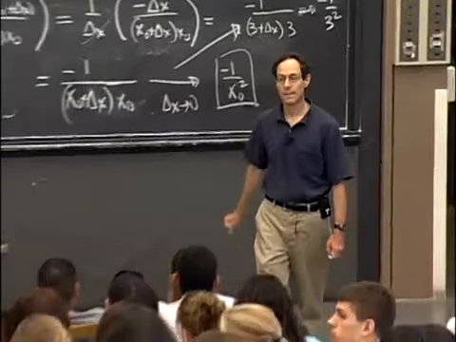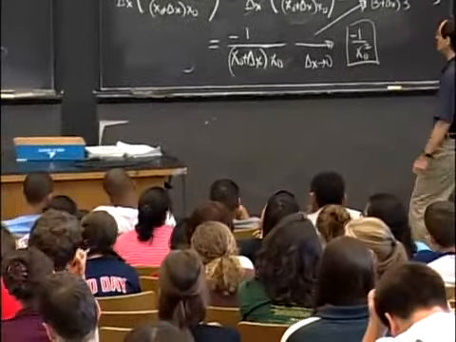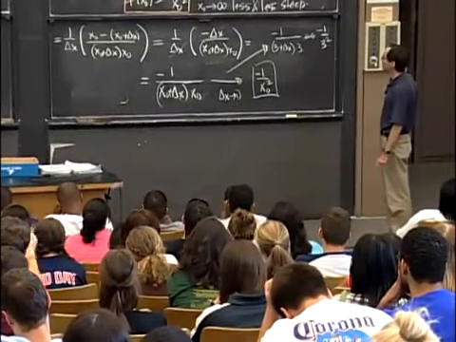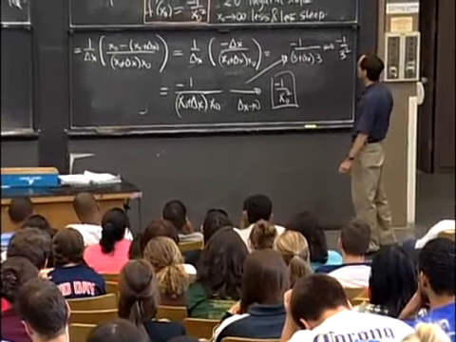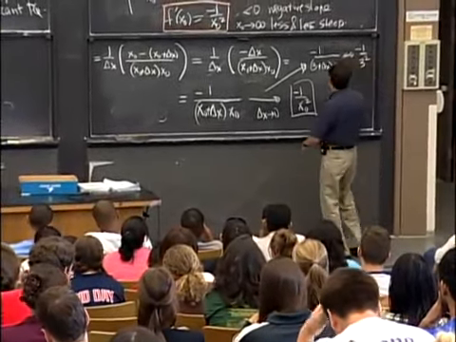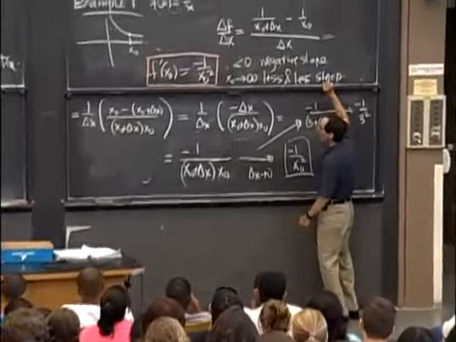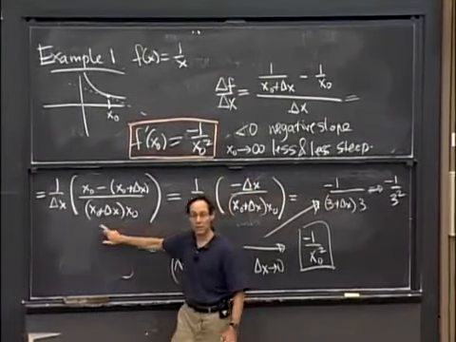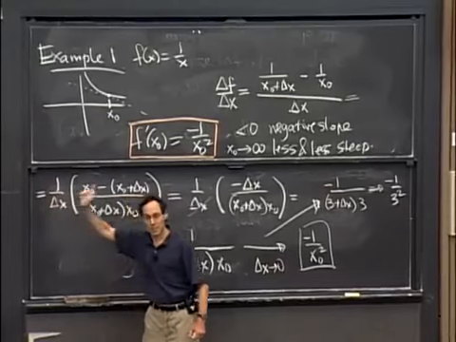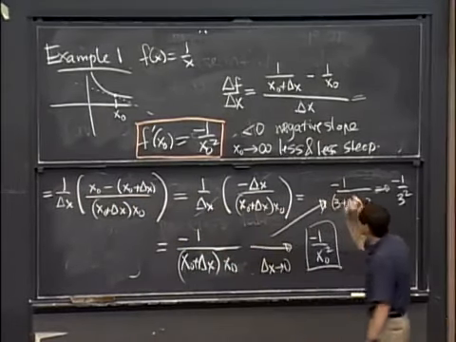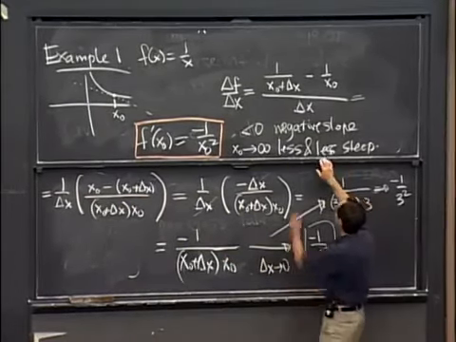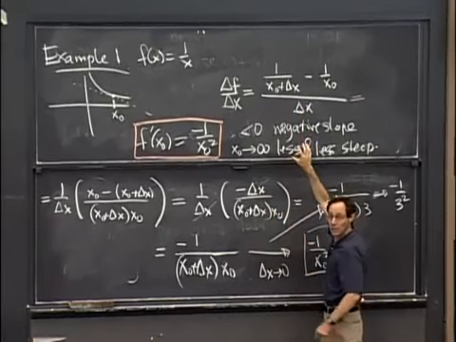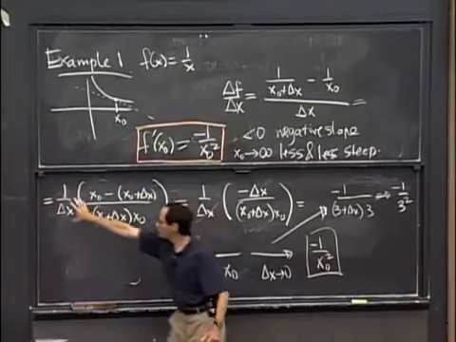Yes? How do you simplify from delta f over delta x? How do you simplify it from the original equation to when you have 1 over delta x factored out? So the question is, what happened between this step and this step, right? Explain this step here. All right? So there were two parts to that. The first is this delta x, which was sitting in the denominator, I factored all the way out front.